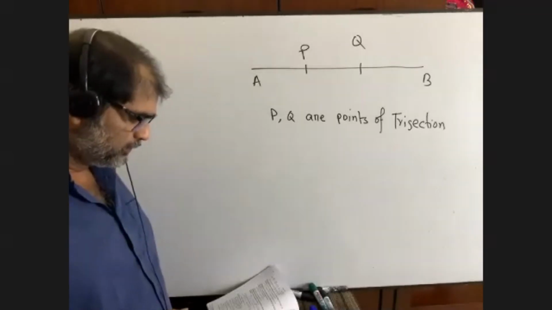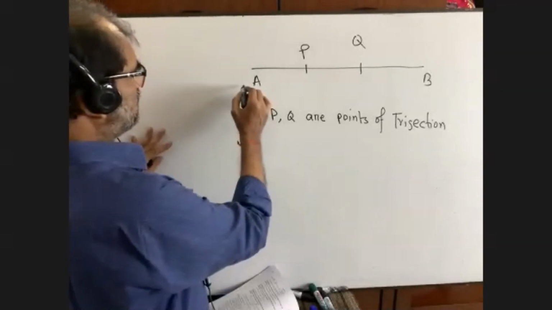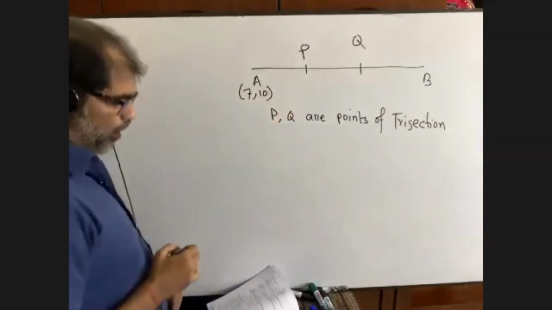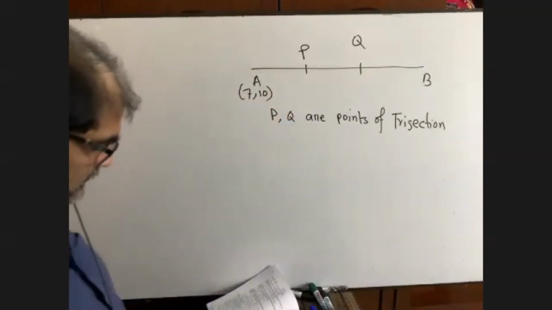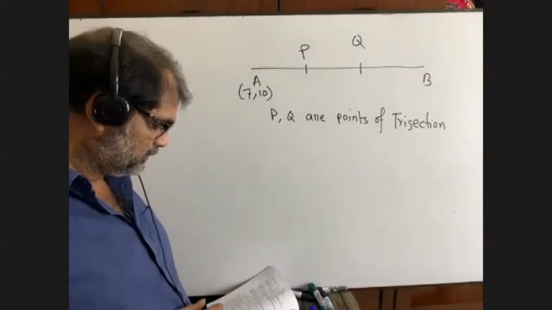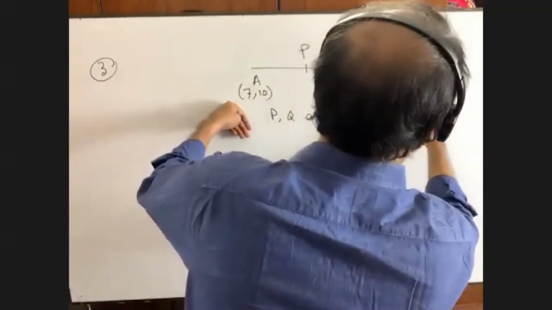Yes, sir. It is given, A is (7, 10), and B is (10, 16). Can you find P?